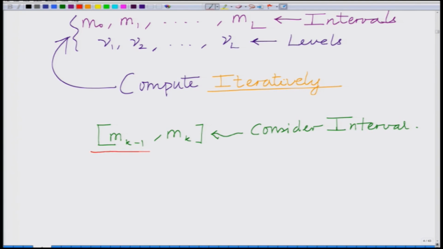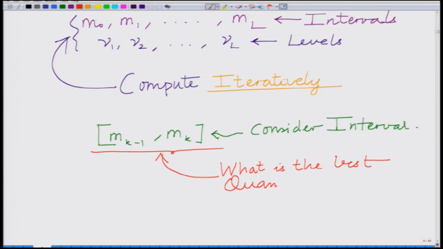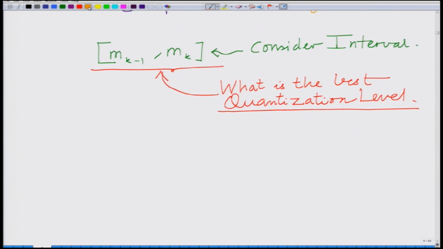Now, we would like to ask the question, what is the best quantization level corresponding to this interval?